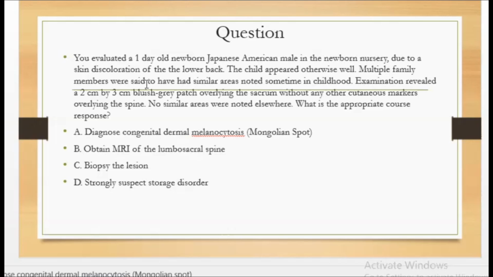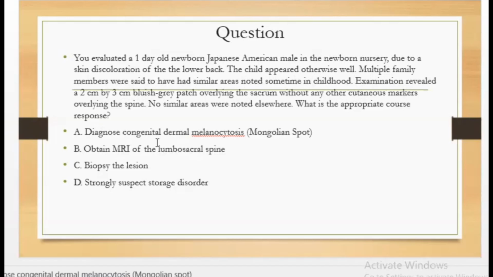Multiple family members were said to have had similar areas noted sometimes in childhood. Examination revealed a 2 by 3 bluish patch overlying the sacrum without any other cutaneous markers overlying the spine. No similar areas were noted elsewhere.